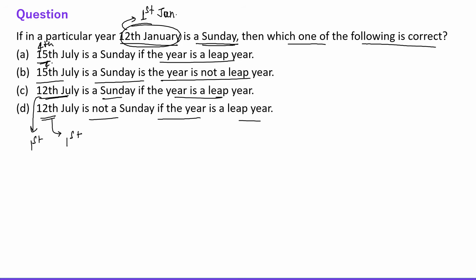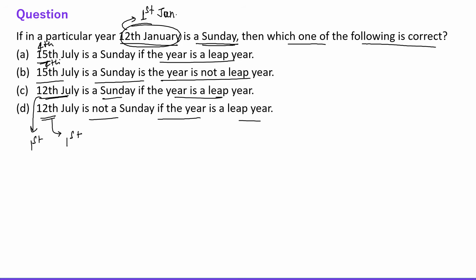And this will be 4th July. For the ease of calculation I'm doing this, because from 1st January the calculation is easy, from 12th of January the calculation will be a bit complicated. I won't say the calculation is tough, but it will be a bit time consuming. So just try to make it easy.